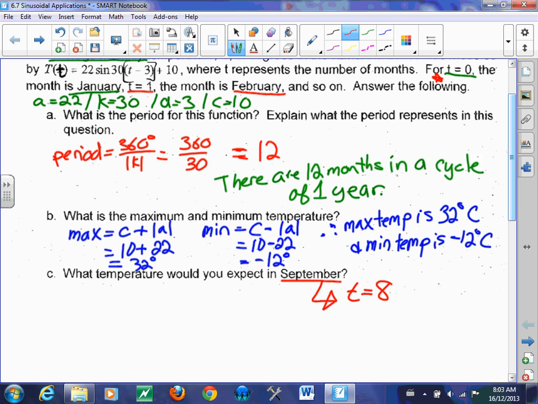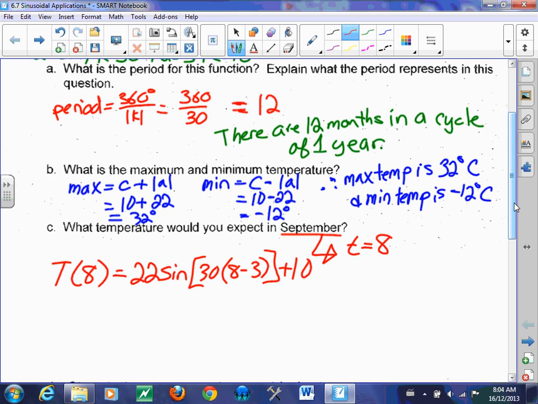So what we're going to do is replace wherever we see a lowercase t with 8. Just plug it in your calculator. T at 8 equals 22 sine, opening bracket, 30 times 8 subtract 3, plus 10.